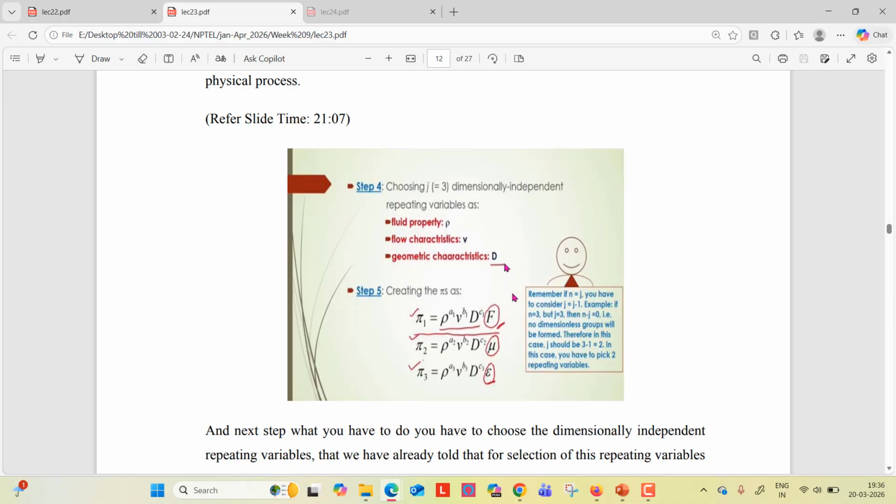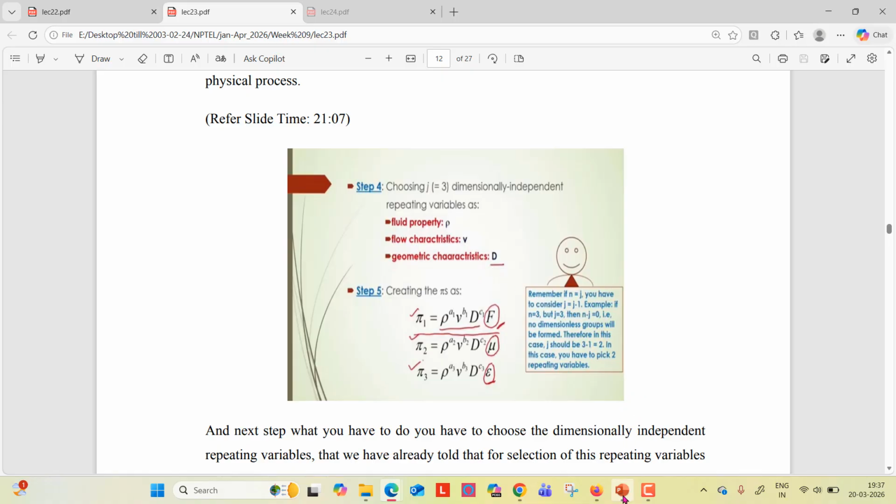Okay. So here j should be 2, 3 minus 1 equals to 2. In this case, you have to pick 2 repeating variables. In this case, it is 3 repeating variables.